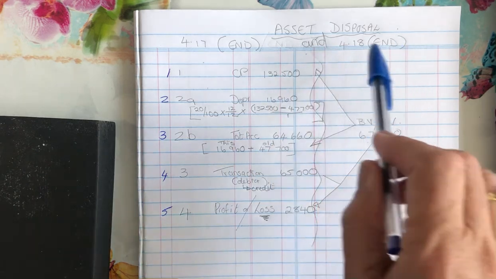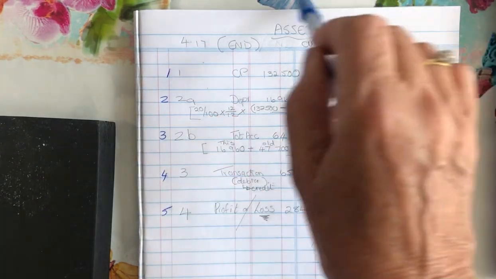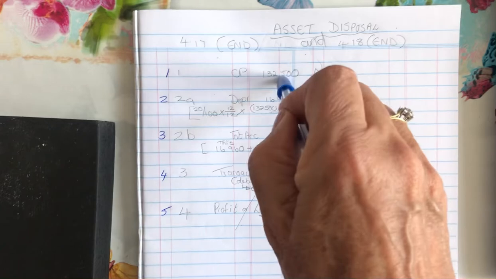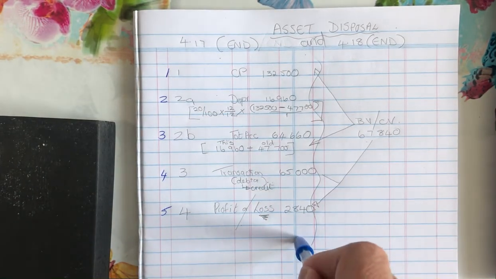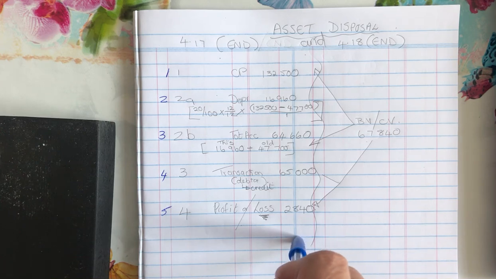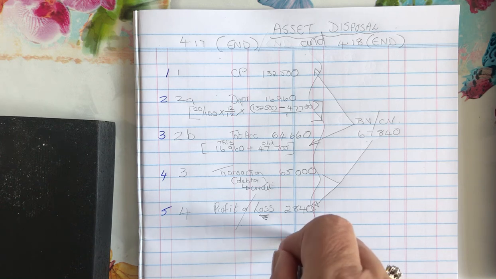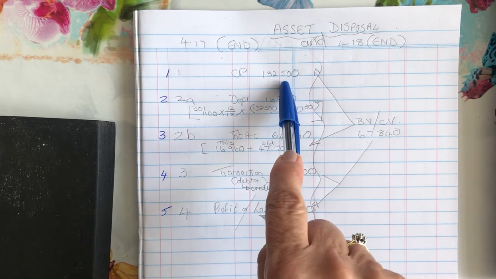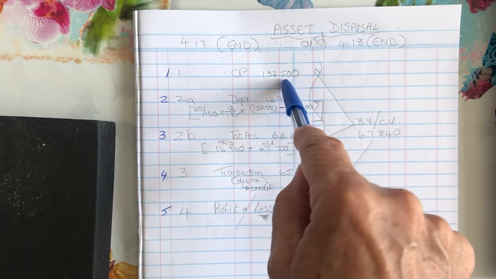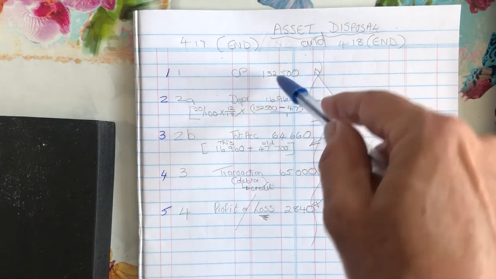So whenever you have an asset disposal, I want you to write it down like this. Do the information like this first. Okay. So what was the cost of the vehicle? What they say is, okay, there's only one vehicle. So the cost price as given is the cost price for the vehicle. You write it in.